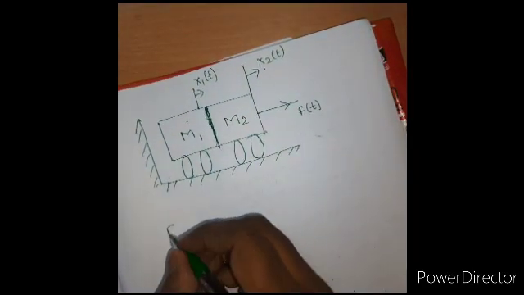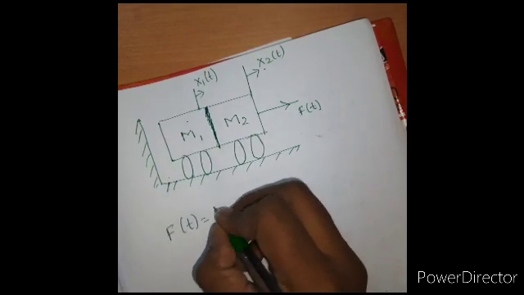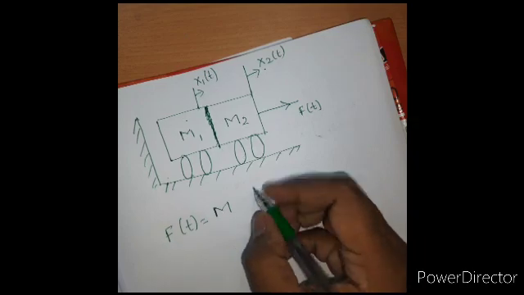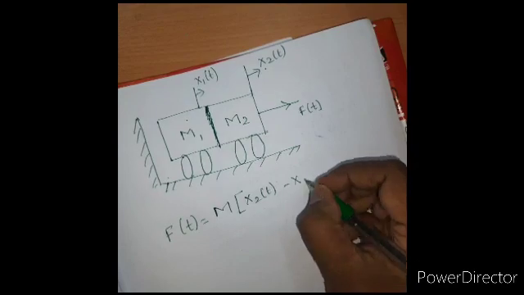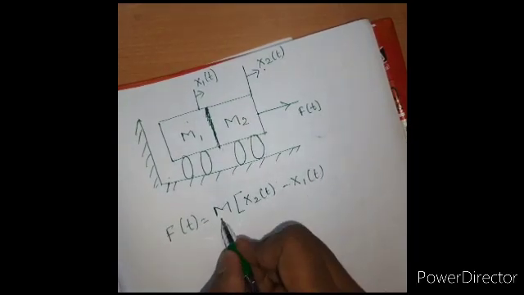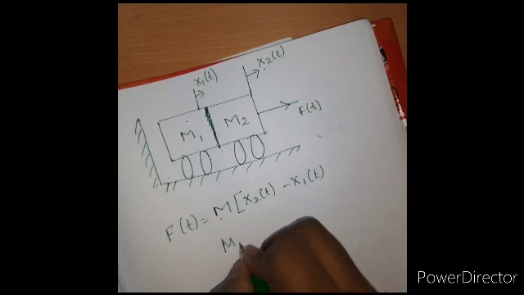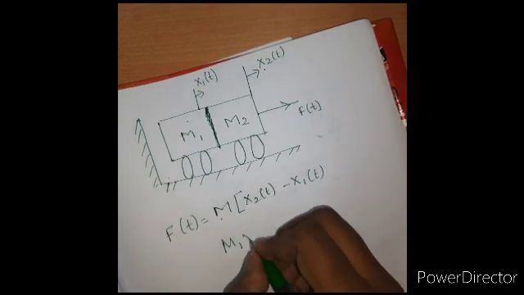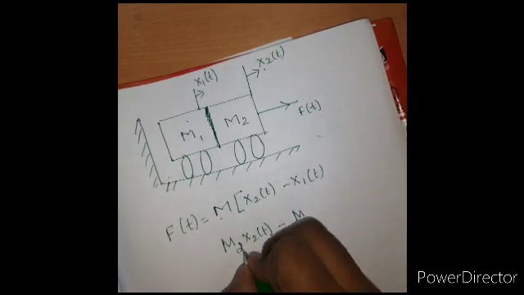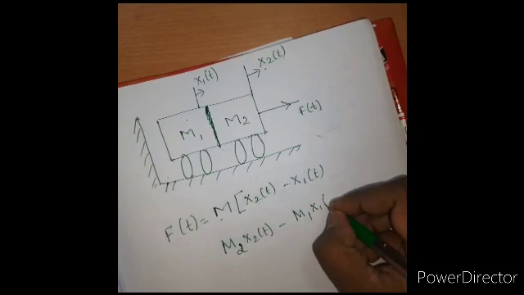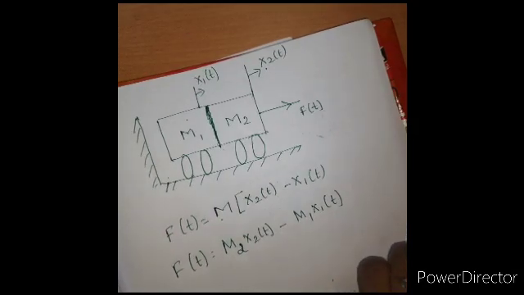So my expression will be f of t is equal to m into x2 of t minus x1 of t. But how many masses do I have? Two masses. So I will write m2 x2 of t minus m1 x1 of t. This is your f of t.